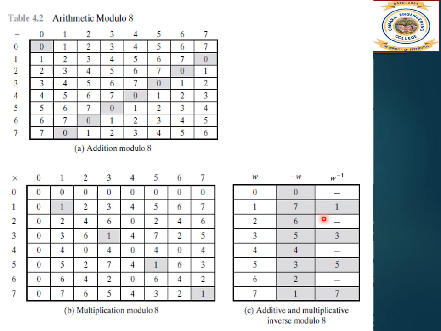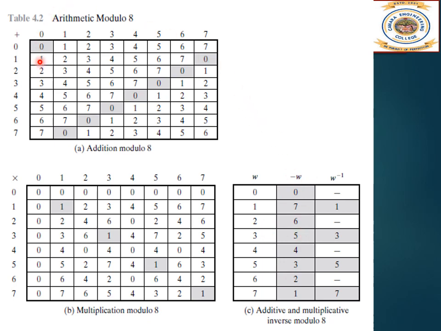So additive inverse means whatever you add to that particular number, you should get 0. Multiplicative inverse means whatever you multiply with that, the answer should be 1. Now which number, when we add it to each of 0 to 7, gives 0?